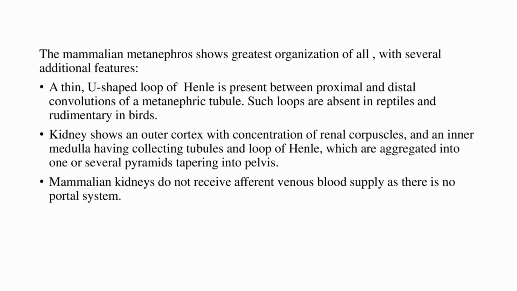Kidney shows an outer cortex with a concentration of renal corpuscles and an inner medulla having collecting tubules and a loop of Henle, which are aggregated into one or several pyramids tapering into the pelvis. Mammalian kidneys do not receive afferent venous blood supply as there is no portal system.